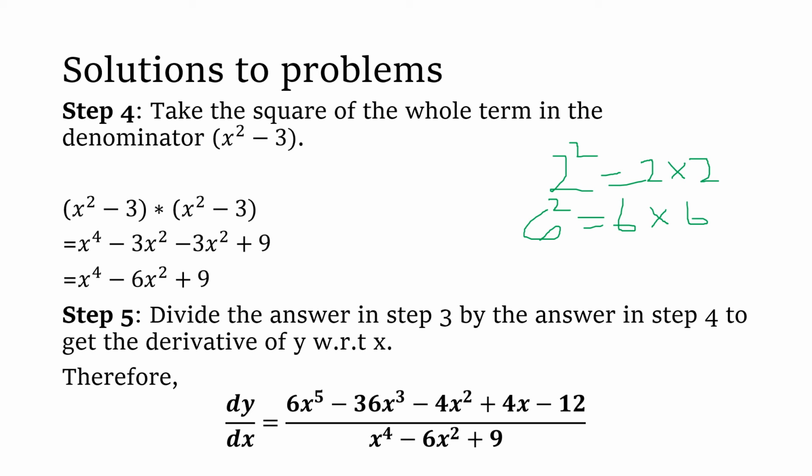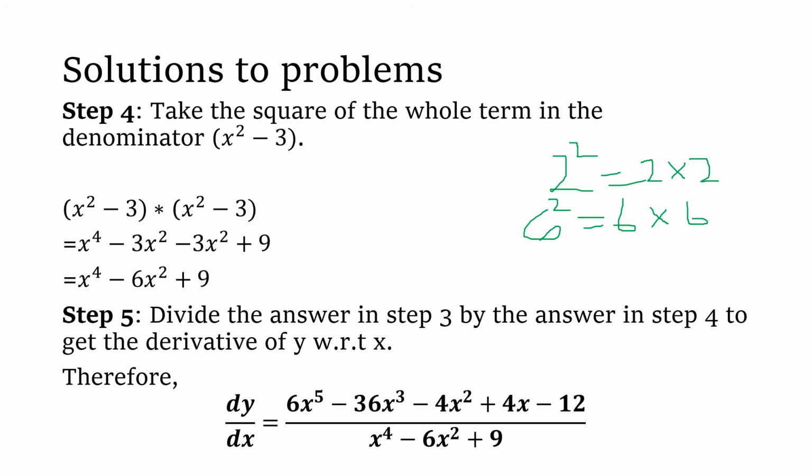Let's take the second term, minus 3 here in the first bracket. Minus 3 multiplied by the first term in the second bracket, x squared, is minus 3x to the power 2. And now let's take the second term in the first bracket and multiply that by the second term in the second bracket.